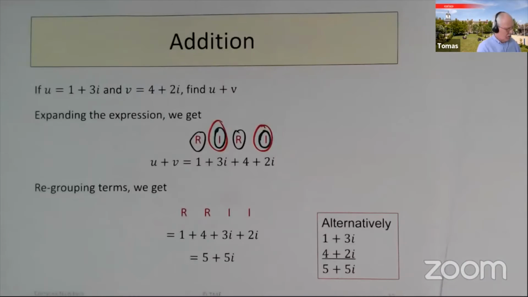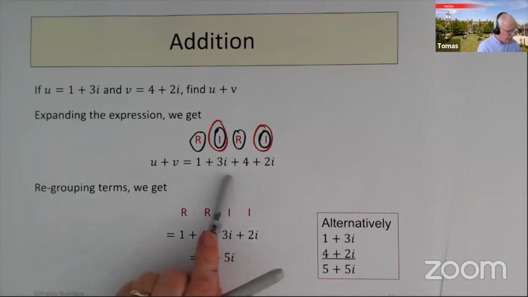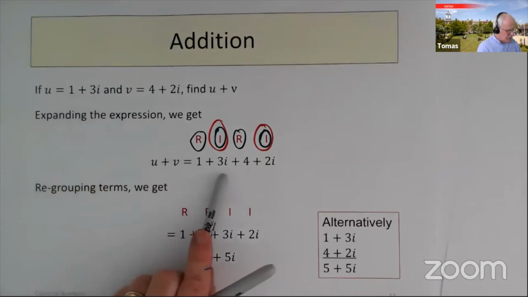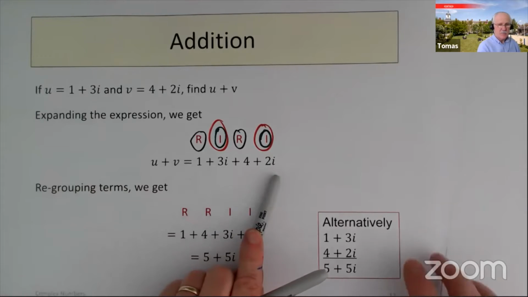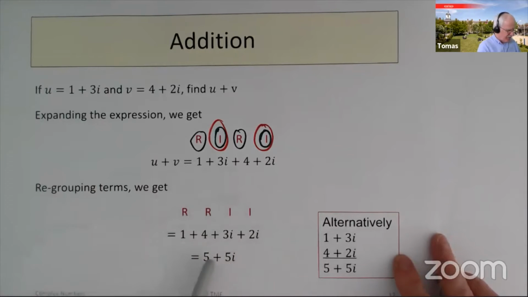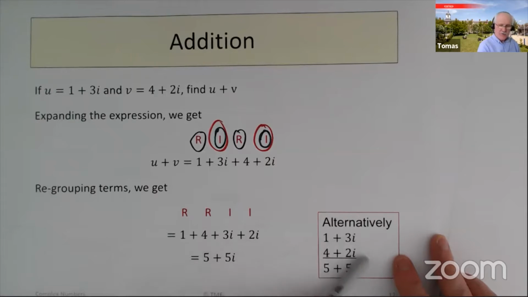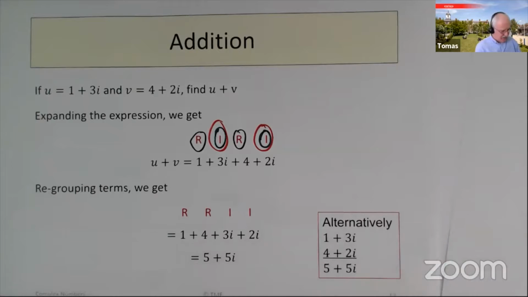So the real parts are the 1 and the 4 there. The imaginary parts are the 3 and the 2. So the 1 and the 4 give me 5, and the 3i and the 2i give me 5i. I could have added them one under each other, 1 and 4, 5, 3i and 2i, 5i. And that's how it's done. That's the addition.